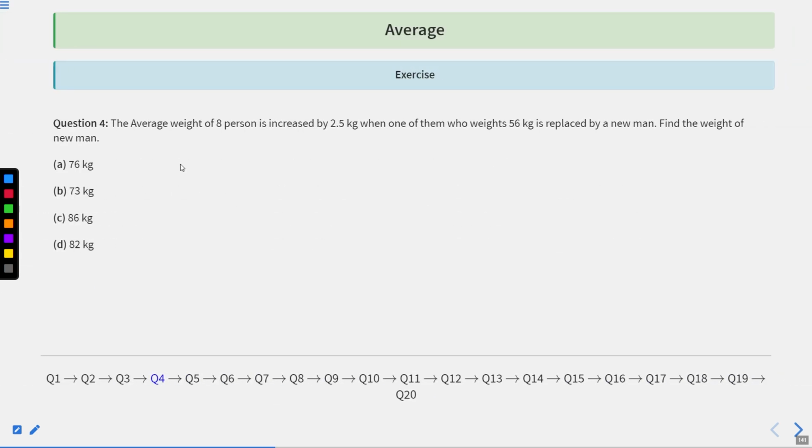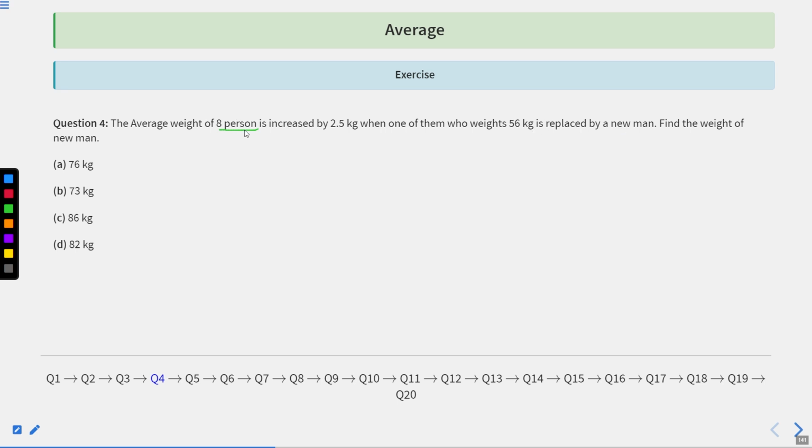So the correct answer will be 48. Let us move ahead to question number 4. The average weight of 8 persons is increased by 2.5 kg when one of them who weighs 56 kg is replaced by a new man. Find the weight of the new man.